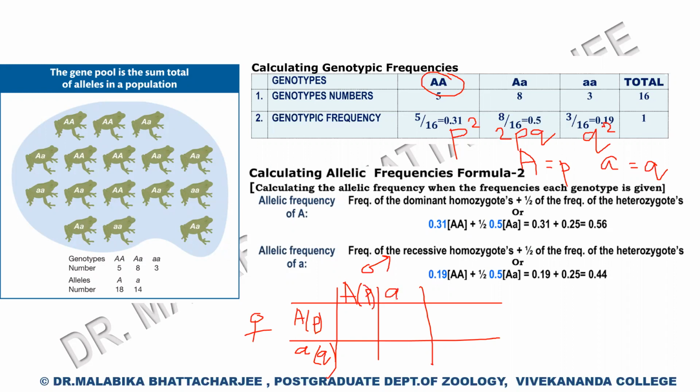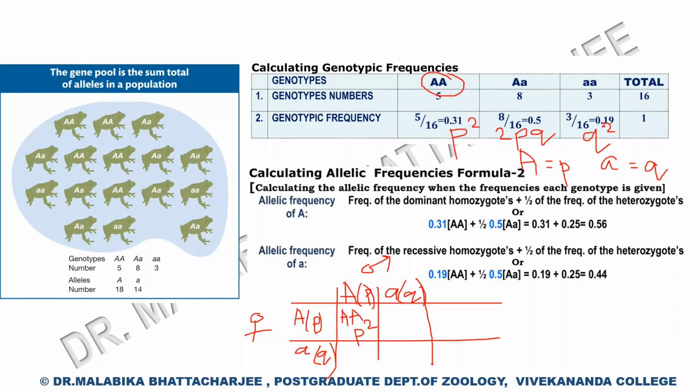Now the egg and sperm fuse to produce a zygote. The first zygote is capital A, capital A, and in terms of P and Q, we write it as P square.